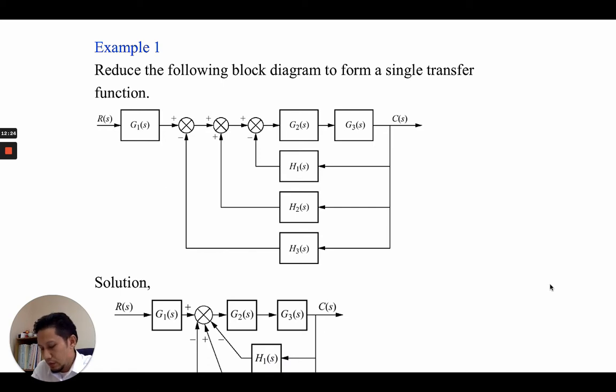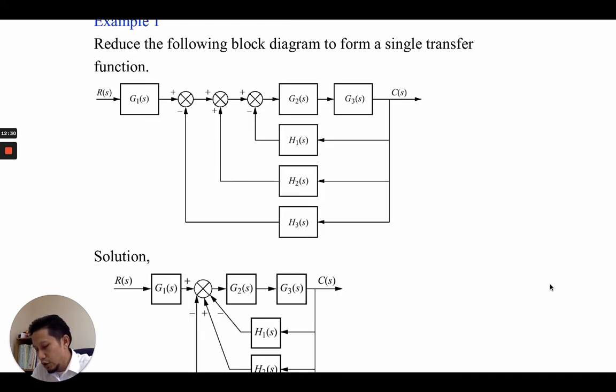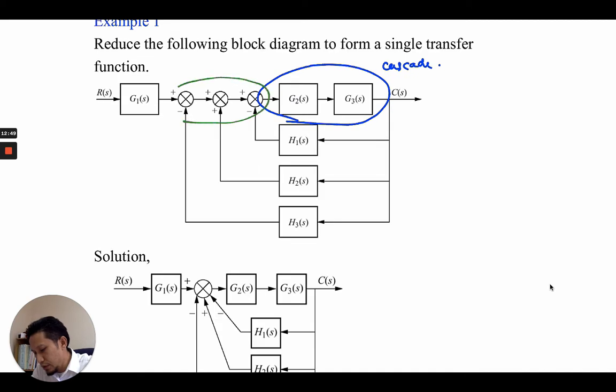One of the solutions is the first one. We can have a very simple one. We have a cascade version of a block diagram here. Okay, this is a cascade. And then for another one, we have a summing junction over here.